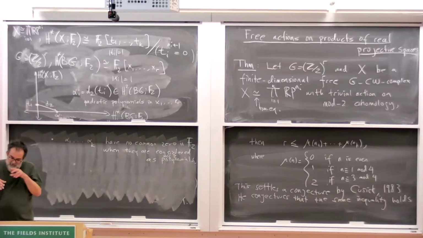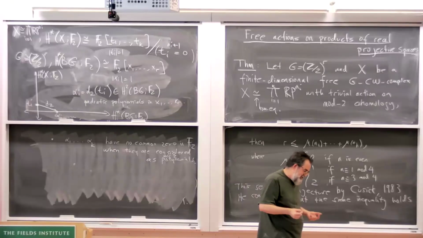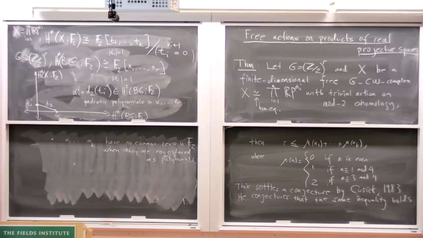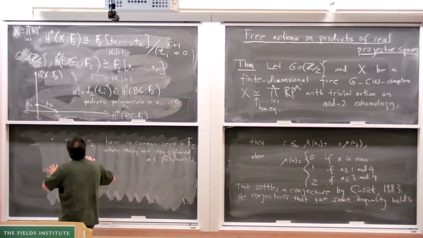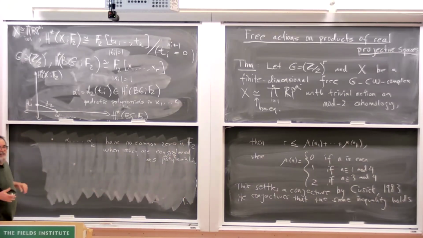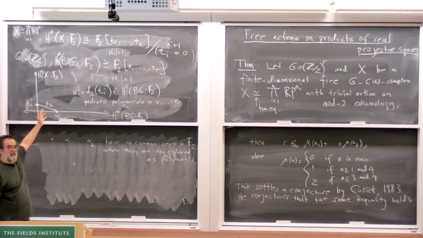This is because if you had a common zero, you could use the coefficients of the zero point to build a cyclic subgroup, and you can restrict to that cyclic subgroup. You'll get a zero differential, but having this differential zero makes the associated spectral sequence collapse, and the collapsing will make it infinite dimensional. So it will not be finite dimensional. Because of that, these polynomials have no common zero.